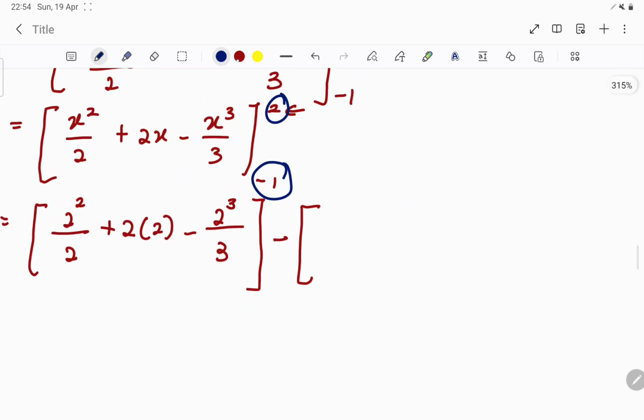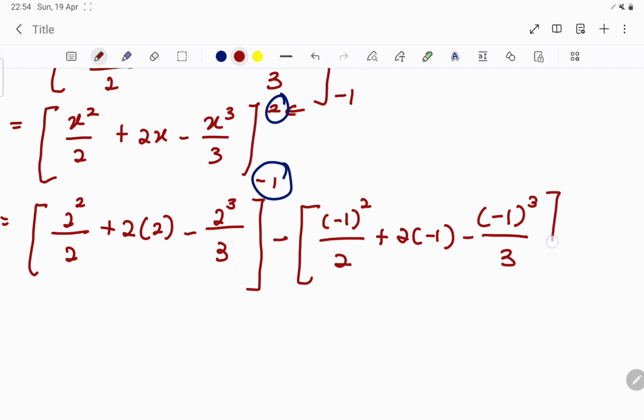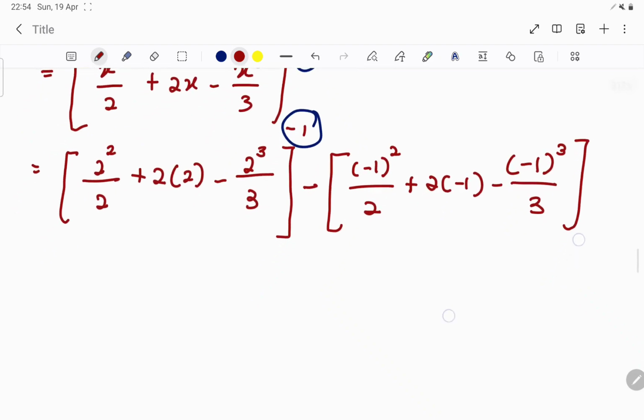So you substitute, you're going to get (-1) squared divide with 2 plus 2 multiply with -1, okay, minus (-1) to the power of 3 divide with 3. Then you can solve each of this.